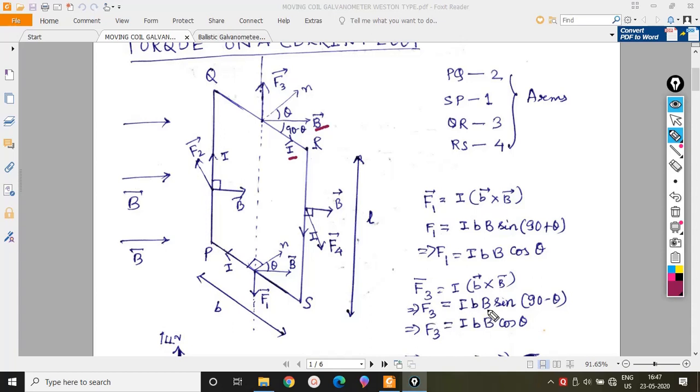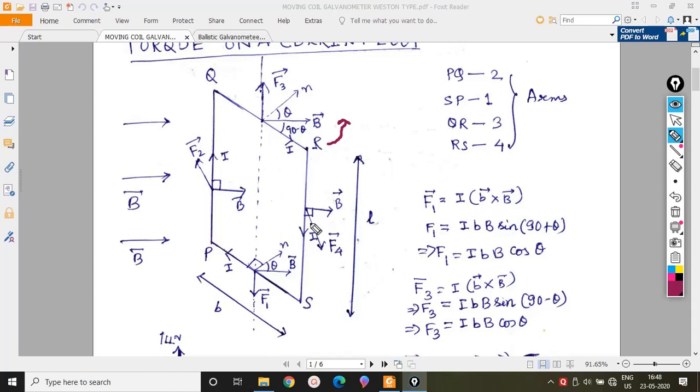So the magnitude of F3 will be I small b capital B sine (90 minus theta), and your cross product will go from this to this, that is, the screw will turn from small b to capital B in anti-clockwise direction here, and as a result force F3 will have direction perpendicular to this arm QR, but it will be directed along this axis.